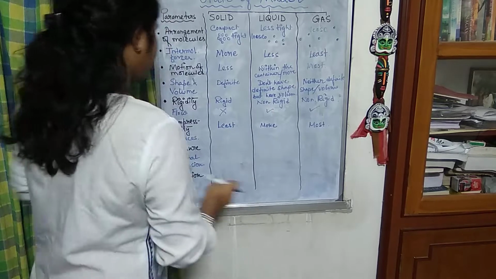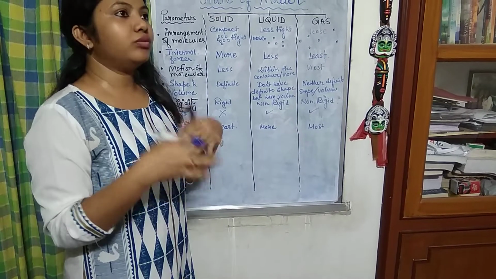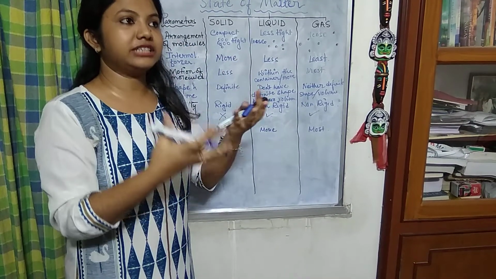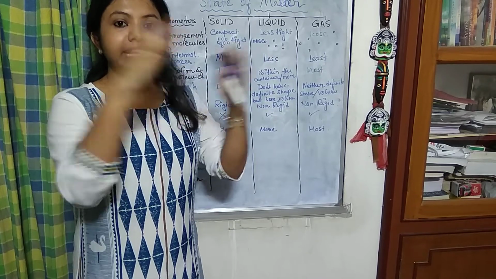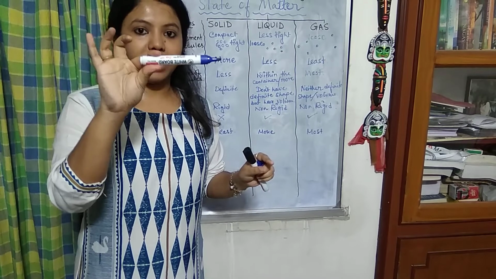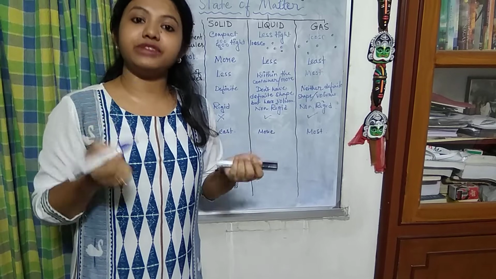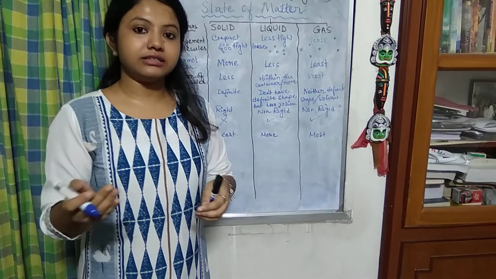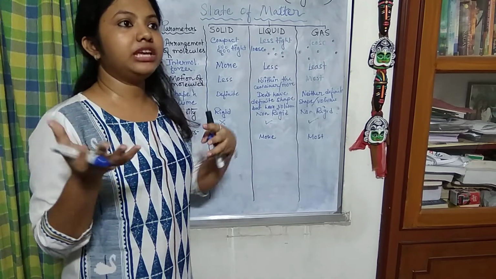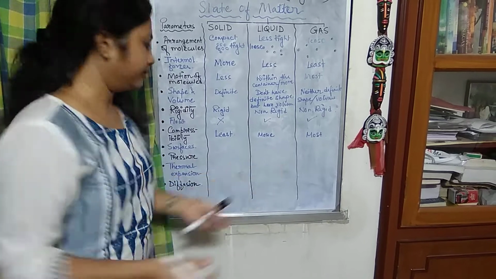Now talking about the surfaces. When a matter gets its shape, it gets its surface, right. So in case of a marker, it has a surface. When a matter has a definite shape and size, it gets a surface. It can be more than 1 or 2 or 3, it can be many.